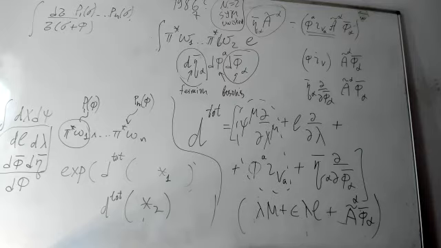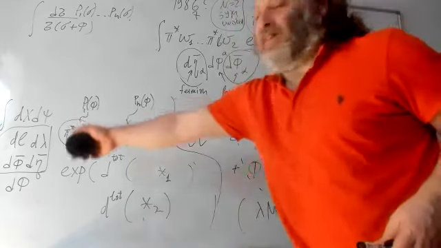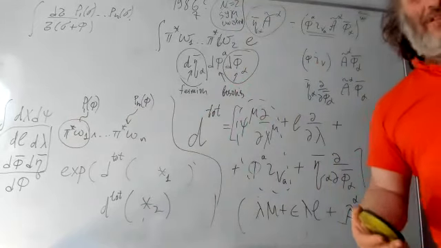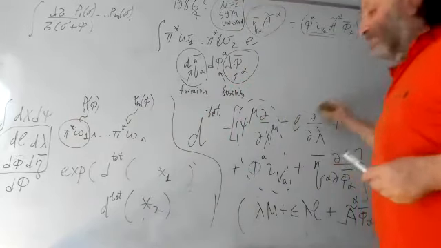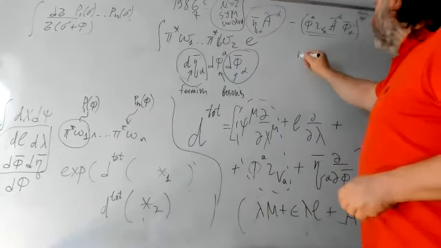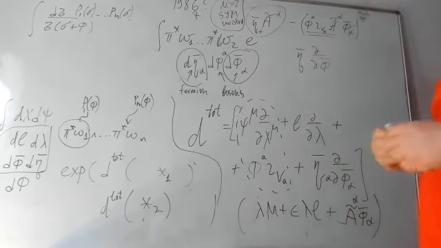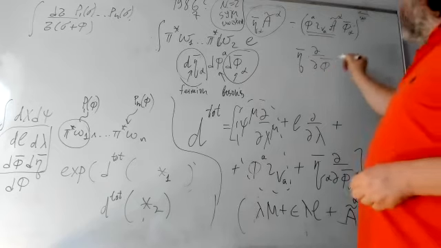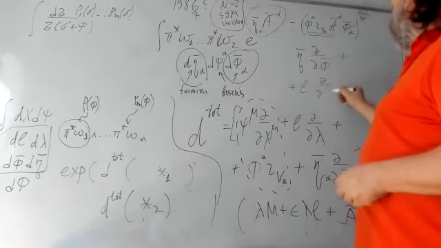So let me write down the piece of the differential that contains these fields that we don't need, knowing the correct answer: eta bar d over d phi bar plus L d over d lambda.